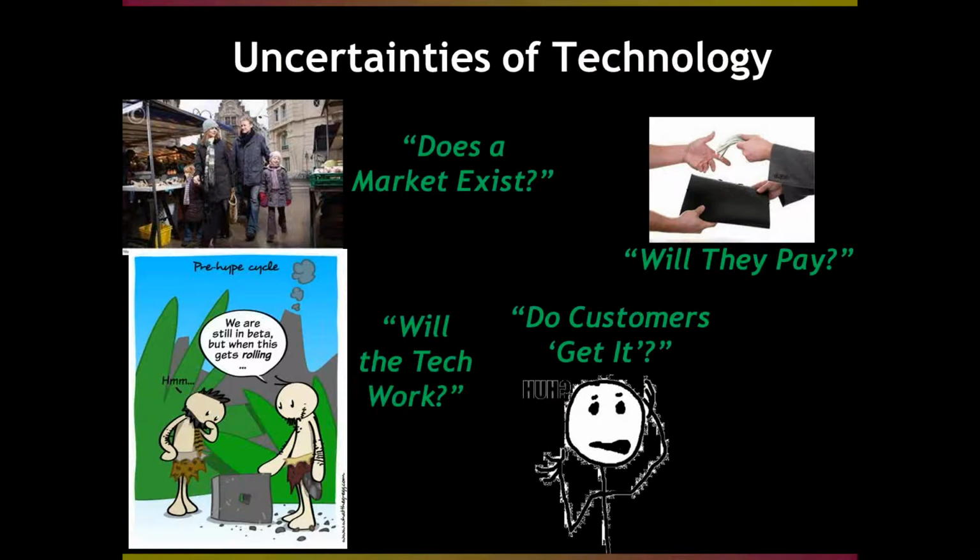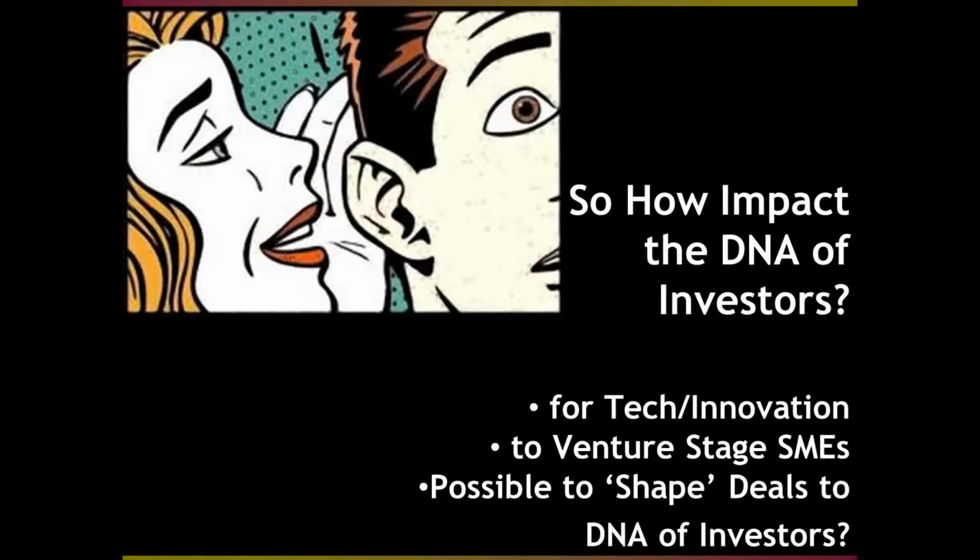And so I'm going to talk about each of these, and I'm going to talk about an example of a sort of virus that's sweeping around the world, which has raised huge amounts of capital, not only in the developed markets, but also in the emerging markets. And the question is how can you impact the DNA of investors, for venture stage SMEs, for technology, for innovation?